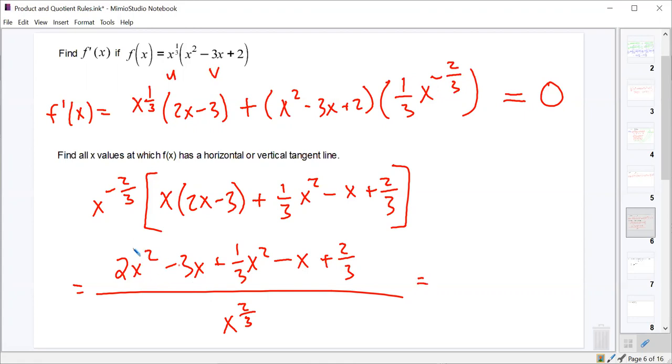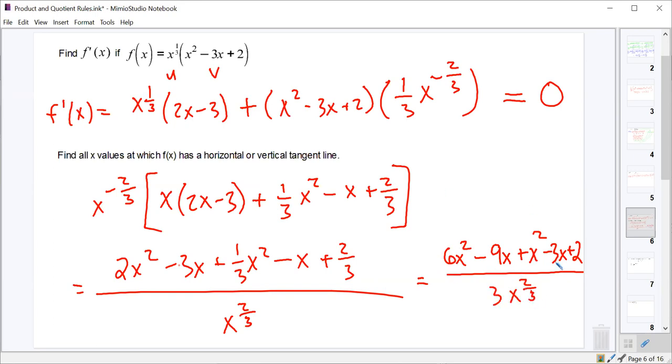Common denominator for the 2x squared, if I'm putting a 3 in there, that 2x squared is going to become a 6x squared. 6x squared over 3. And that minus 3x is going to become a minus 9x. And then we're just going to have a plus x squared. We're going to have a minus 3x, and we're going to have a plus 2 all over 3x to the 2/3.